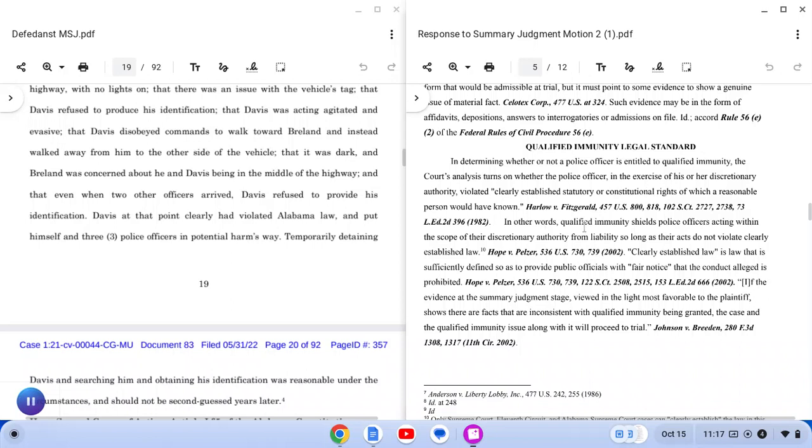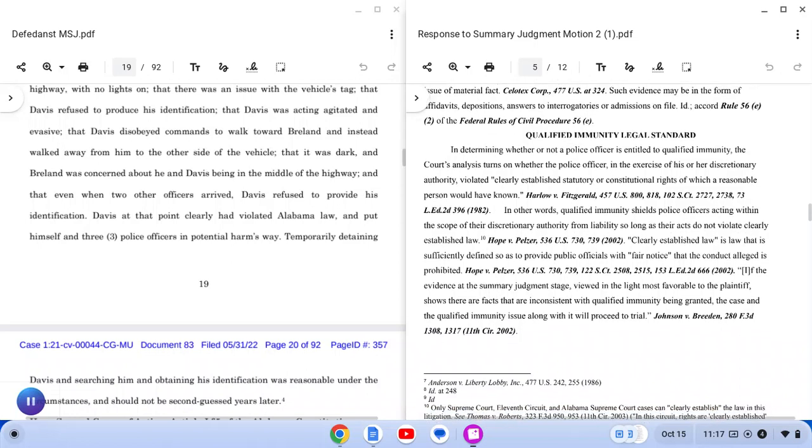In other words, qualified immunity shields police officers acting within, not without, meaning outside, the scope of their discretionary authority from liability, so long as their acts do not violate clearly established law. And there's the footnotes right there.